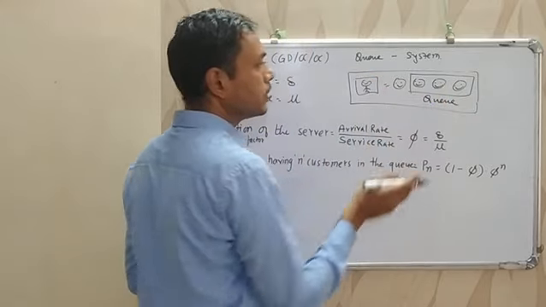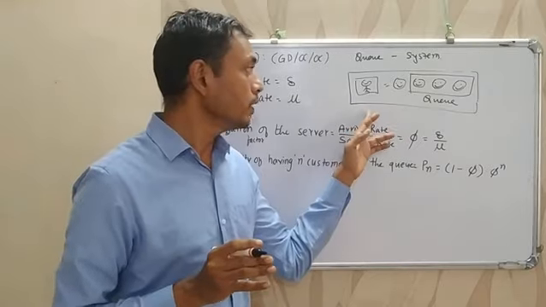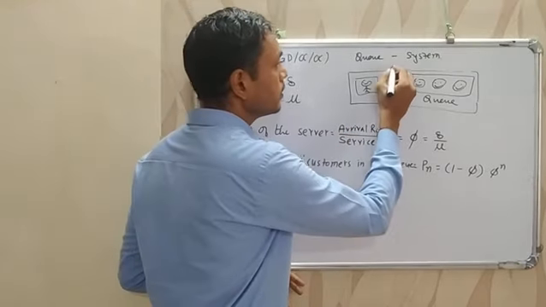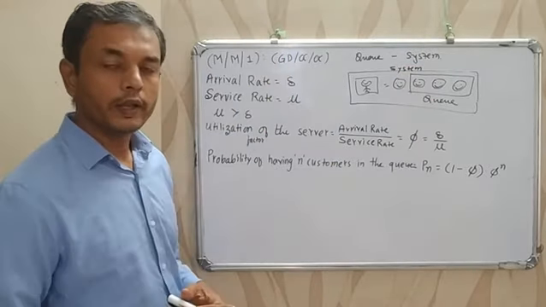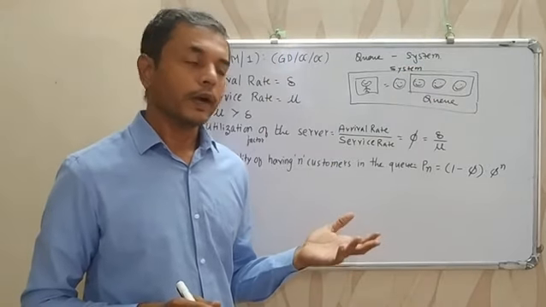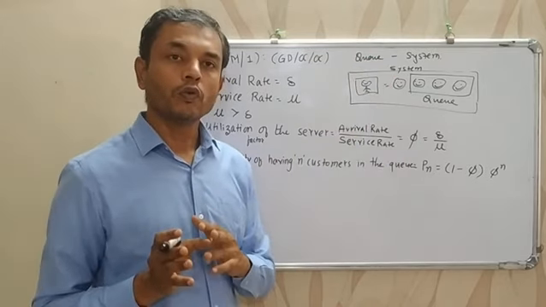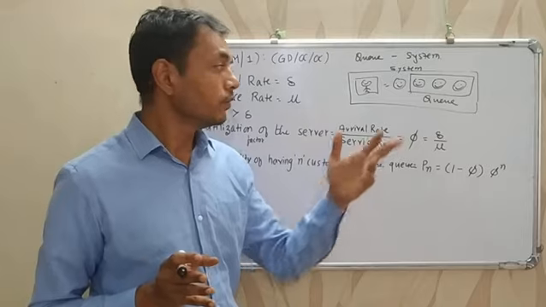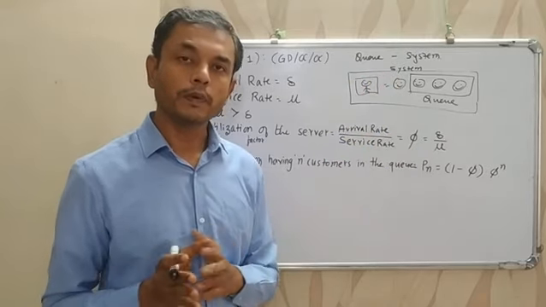But the entire system, including the customer who is being served by the server, is known as the system. So minutely watch and understand whether the question is asked for system or queue, because the answer is different.